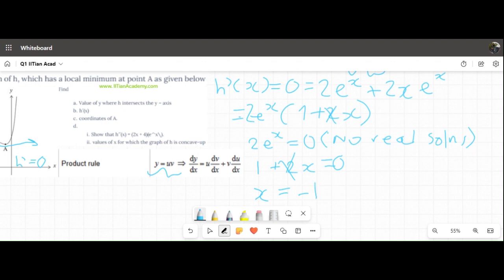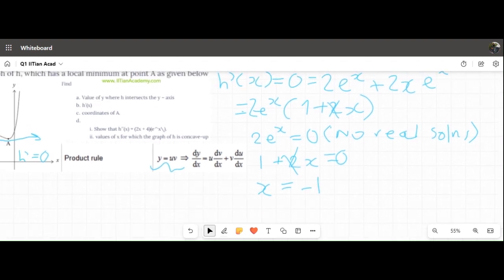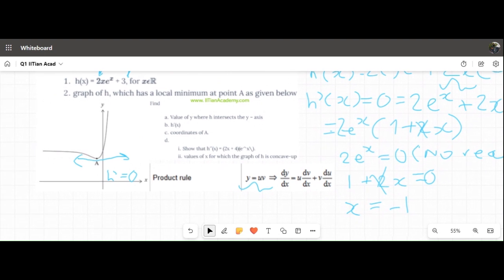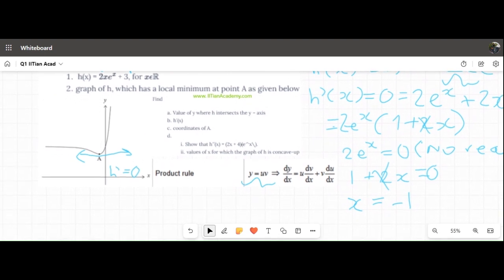So now using our x value, we can substitute this into our initial function h to find our point A. So for h(-1), we get h is equal to 2 times -1 times e to the power of -1, plus 3.